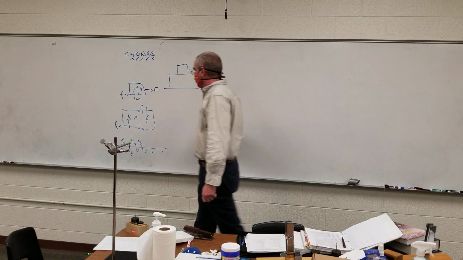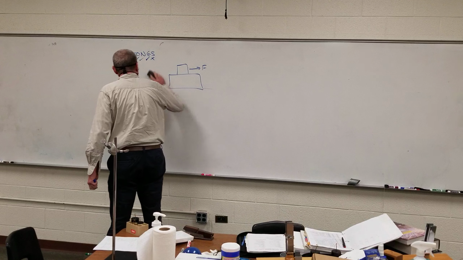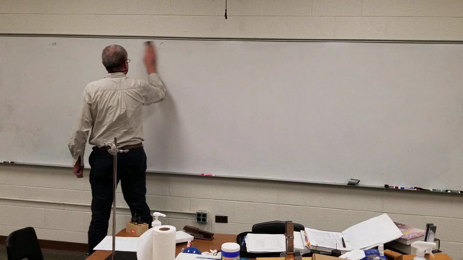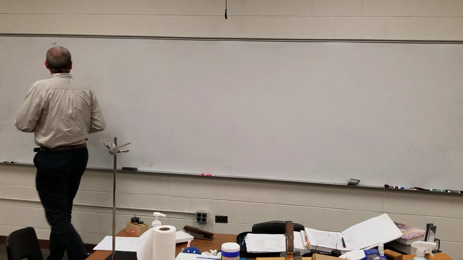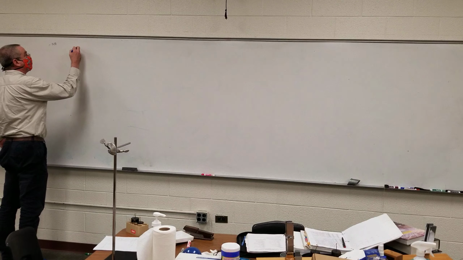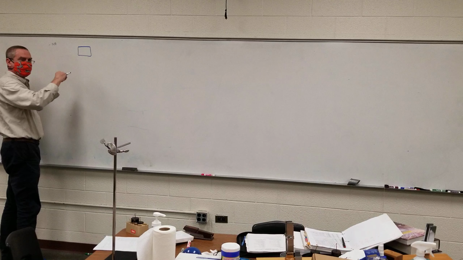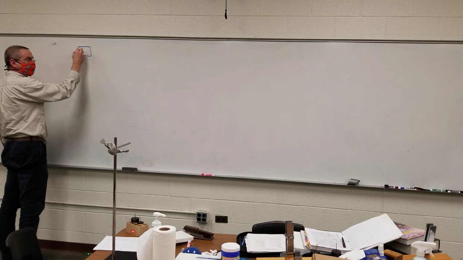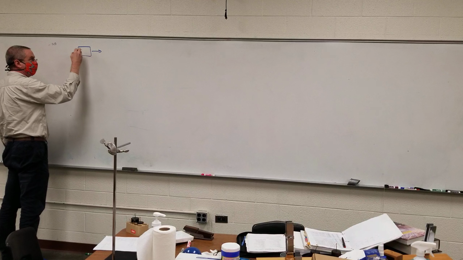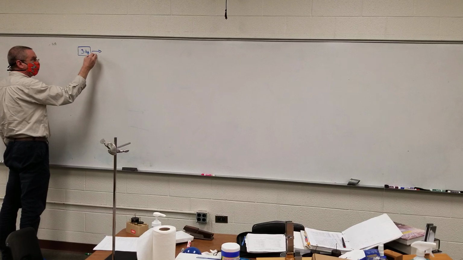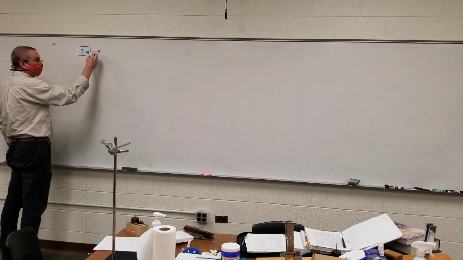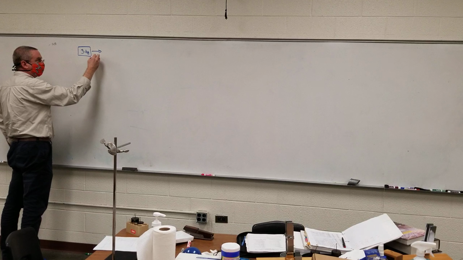Alright, so why don't we pick up where we left off then? I believe we were dealing with collisions. What was the mass of this one that's going to the right? Three kilograms, with a velocity of 4 meters per second.